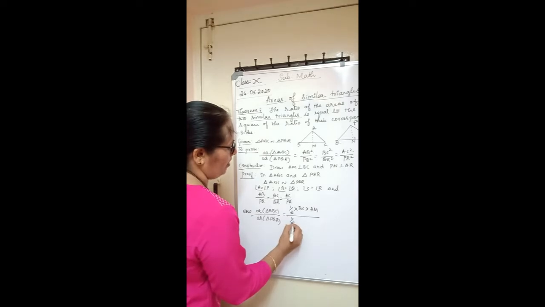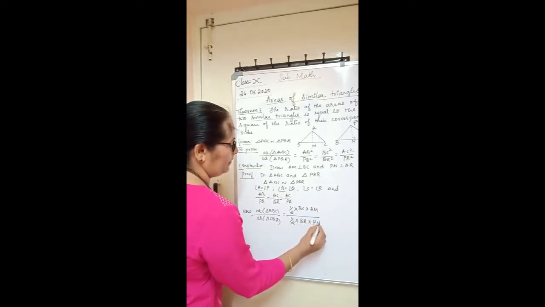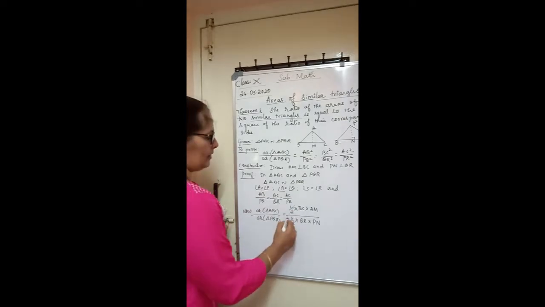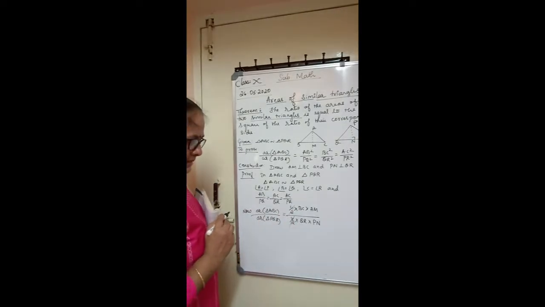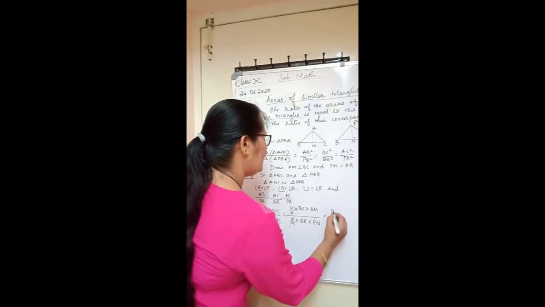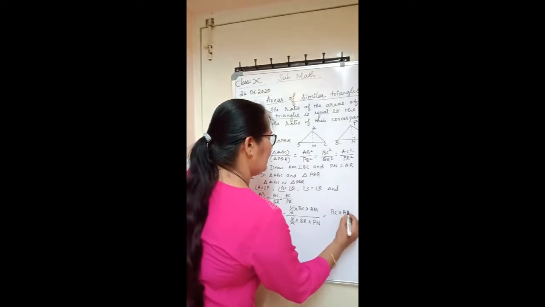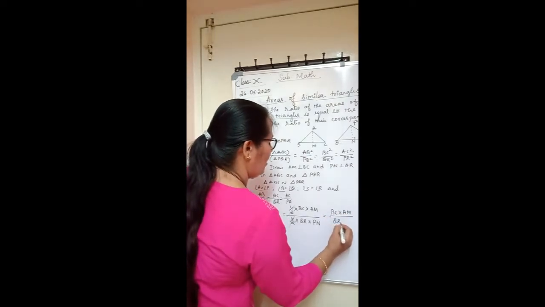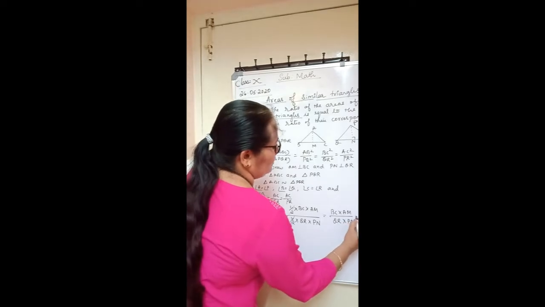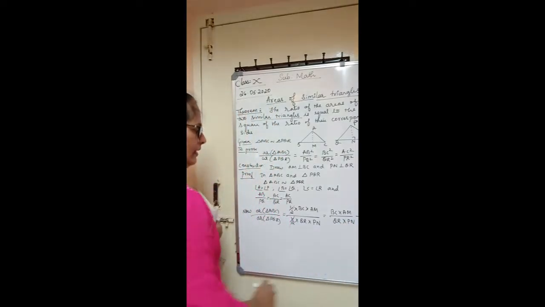Similarly here, half into QR into PN. Half is a constant term on both sides, so you will get BC into AM divided by QR into PN. Take this as equation 1.